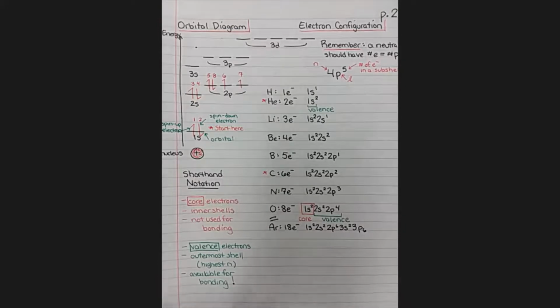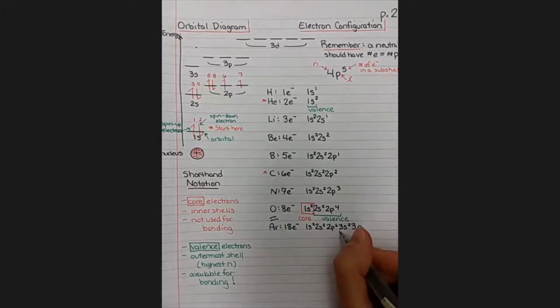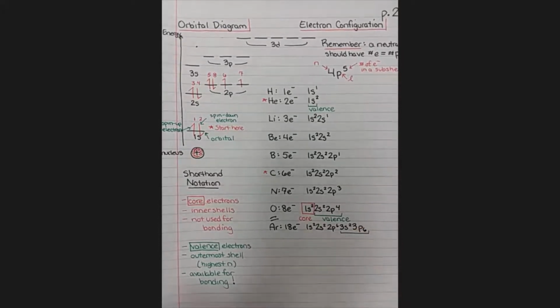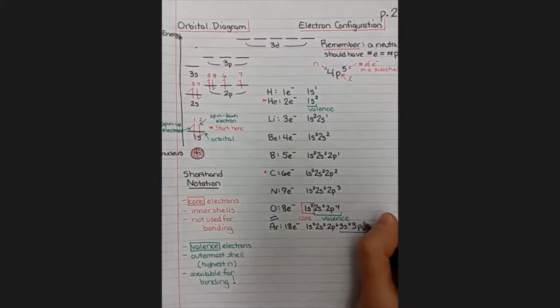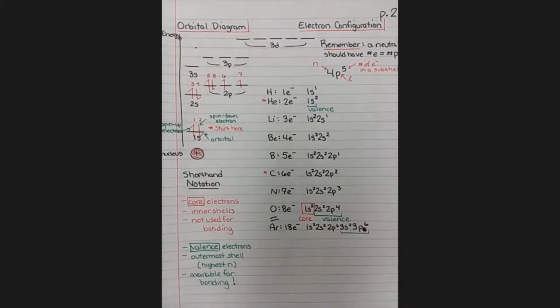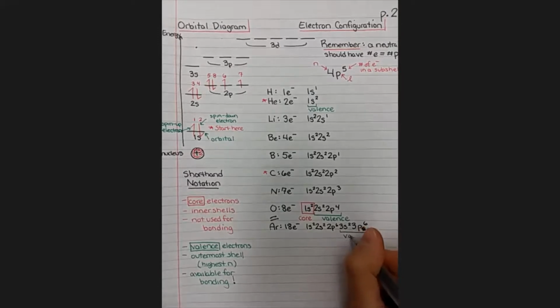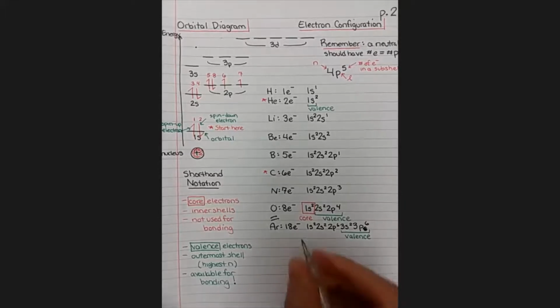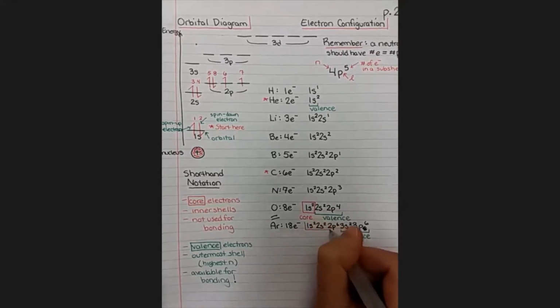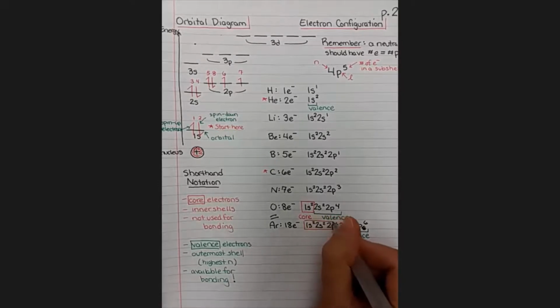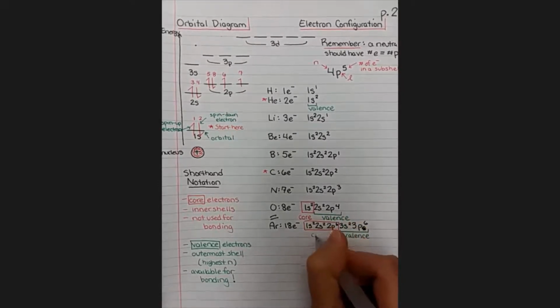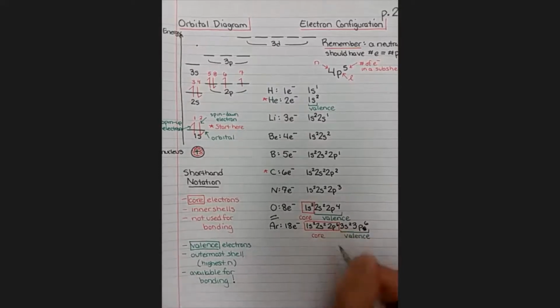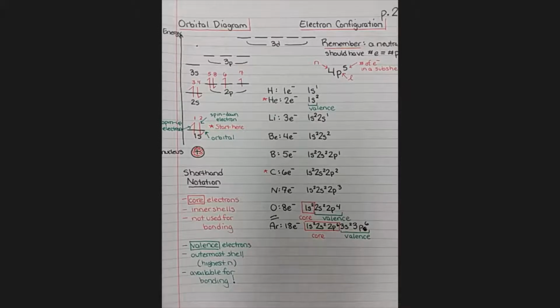We can say that our outermost shell is the third shell. We have electrons in the third principal quantum number shell. Oops, I put a subscript 6 by mistake instead of a superscript. There we go. So these 8 electrons are going to be our valence electrons. And everything else that isn't a valence electron is a core electron. So everything in the first shell and everything in the second shell is going to be a core electron. So in this case, there are 10 core electrons that we don't care about in argon.